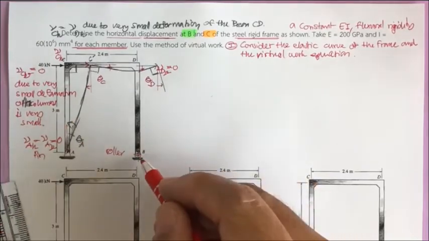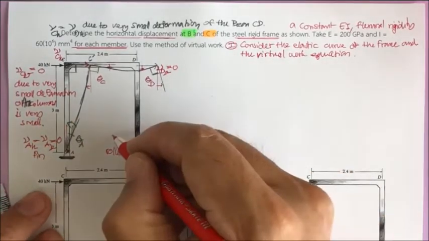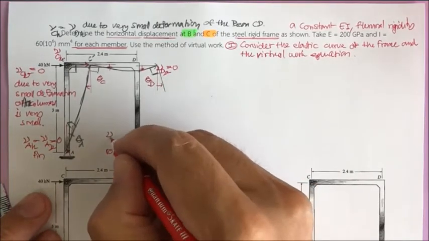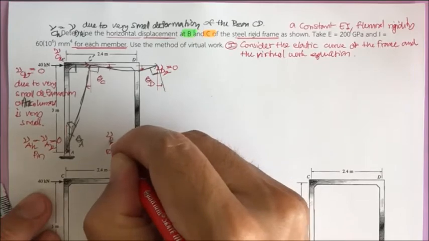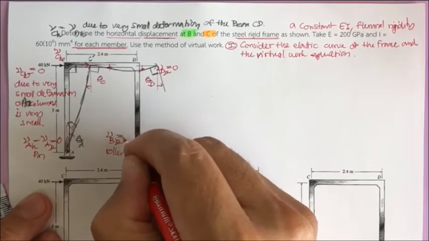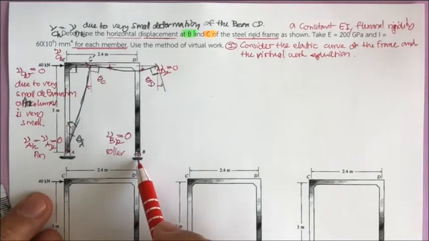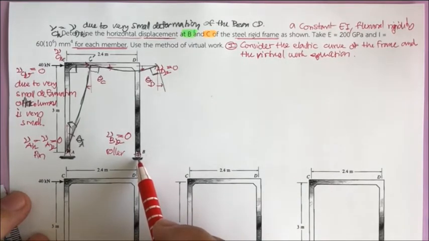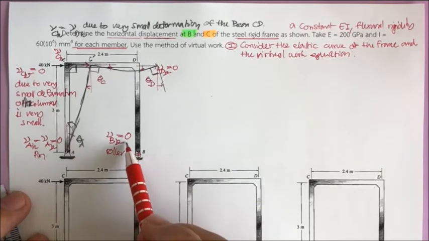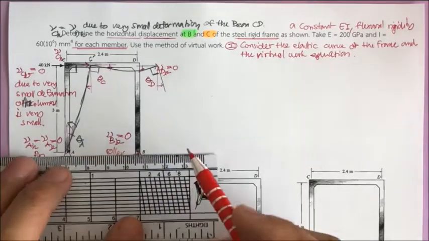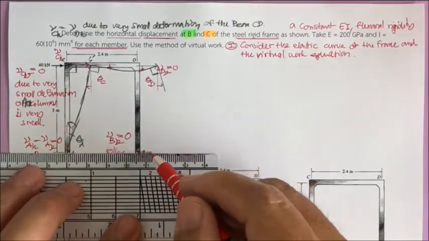Since B is the roller, the displacement at B in the vertical direction is going to be 0. The roller has the reaction B sub y. So this displacement is 0, and it can move horizontally here.